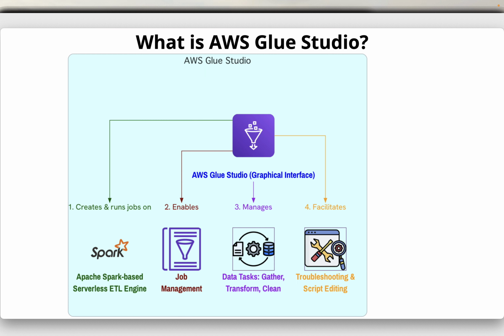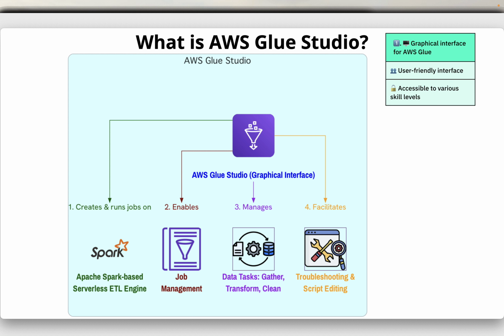Okay, there is one tool called Glue Studio, which is kind of like a cloud-based IDE. So let's see what that is. AWS Glue Studio provides a user-friendly graphical interface that simplifies interaction with AWS Glue, making data integration tasks more accessible to users of various skill levels.